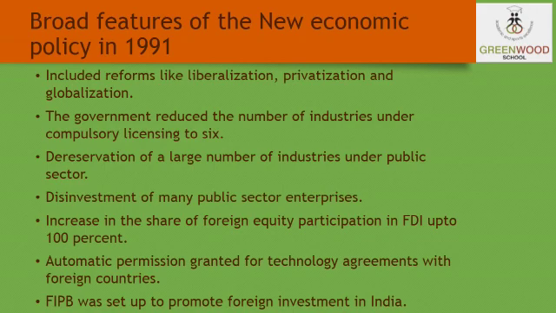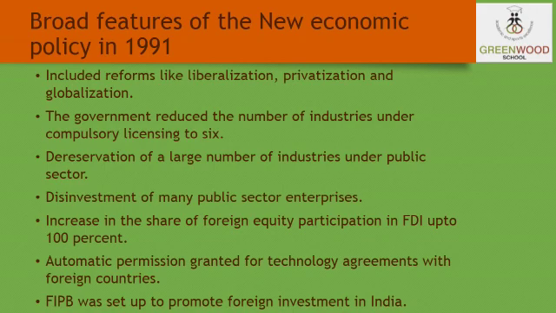Now, the government reduced the number of industries under compulsory licensing to 6. De-reservation of a large number of industries under the public sector. Disinvestment of many public sector enterprises.